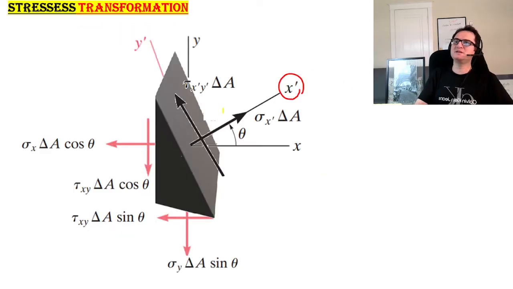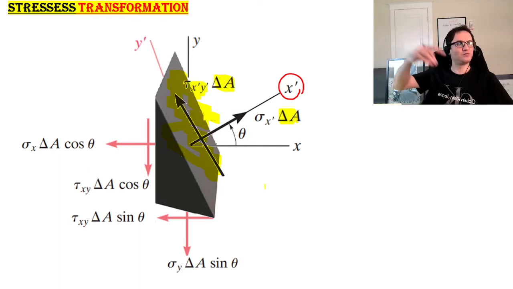If we take an element out of the structure, and call this area delta A, there is a shear working on that area, and there is also a normal in the x prime direction, as you can see here.